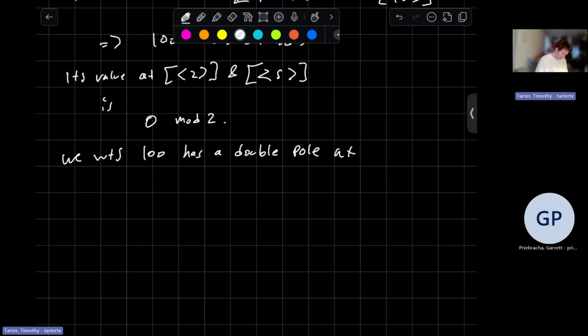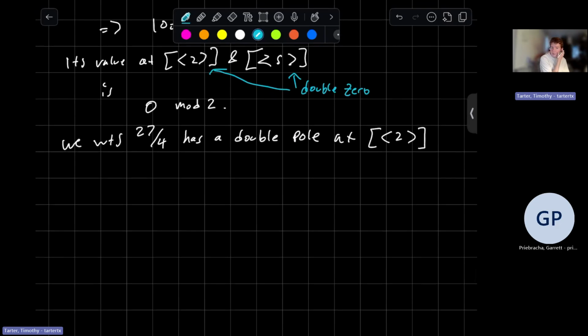Oh, sorry, not 100. We want to show 27 over 4 has a double pole. Why? Because this wouldn't be a pole at 0. It has a double zero at 5, and it also has a double zero at 2, right?